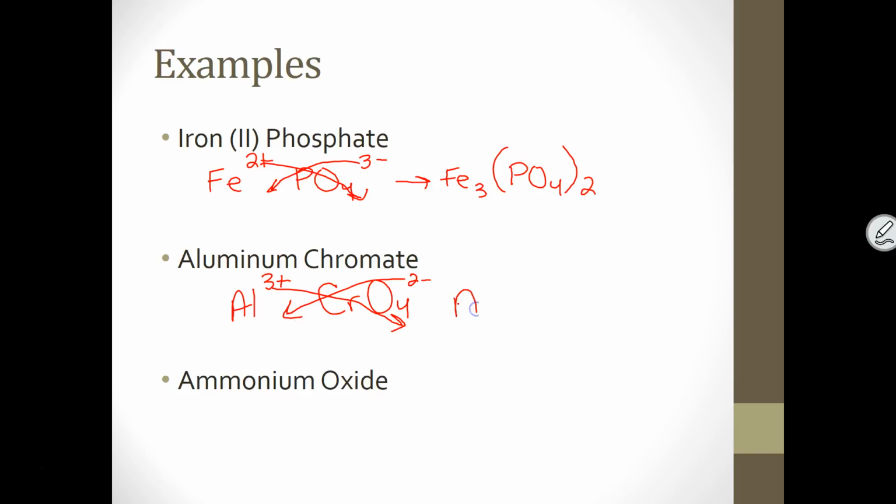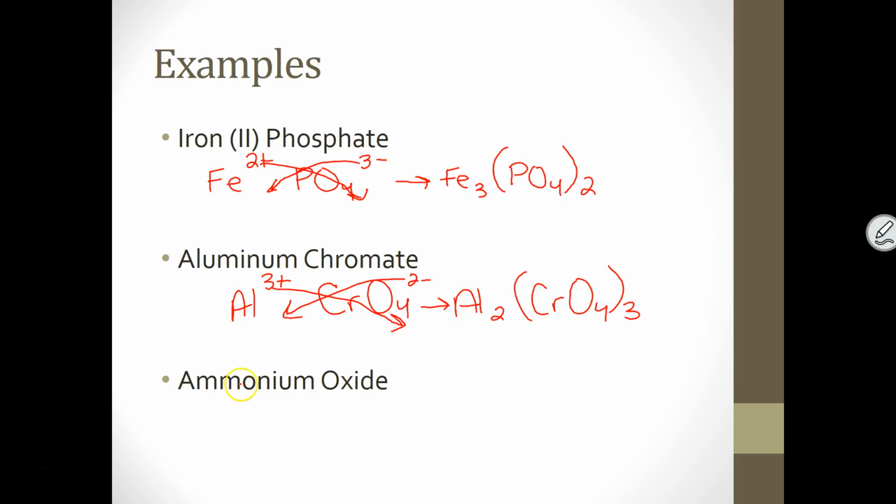And so we have aluminum. Let me draw an arrow there. There we go. Aluminum needs 2. And since I need multiple chromates, I'm going to put it in parentheses, CrO4, and we need 3 of those. And I didn't say this on the last one, but 2 and 3, or 3 and 2, those can't be reduced any further, so we're good there.